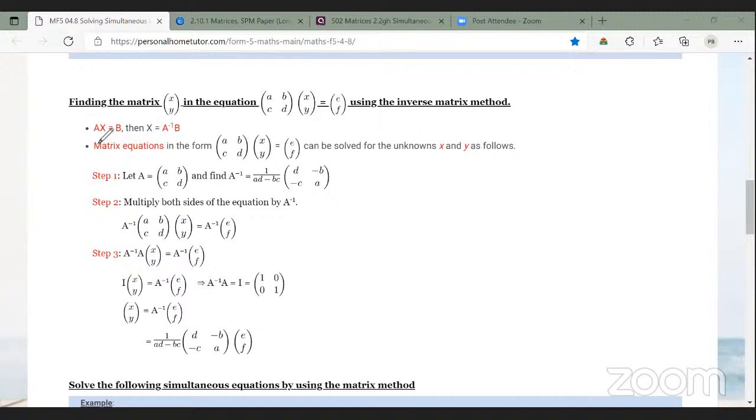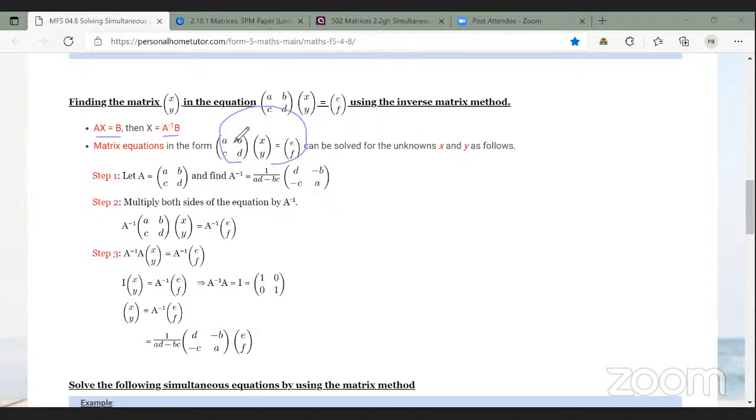All right. So here you can see if AX equals to B, then X equals to A inverse matrix B. So here you can see it says matrix equations in this form can be solved for the unknowns x and y as follows.